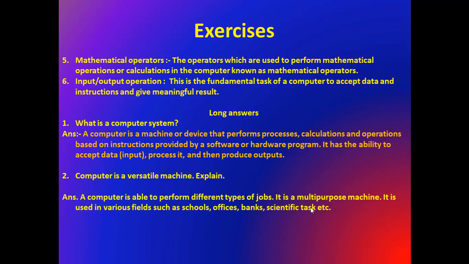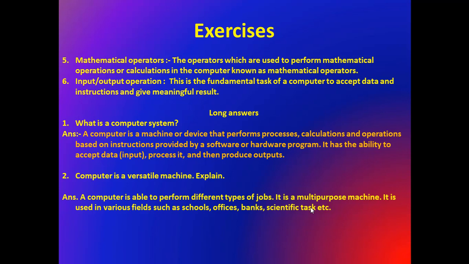After that, long answer. What is a computer system? A computer system is a machine or device. Listen students, last time also we used a small definition because that was the short question, and here is the long one. That's why we are using the long and detailed one. A computer is a machine or device that performs processes, calculations and operations based on instructions provided by a software or hardware program.